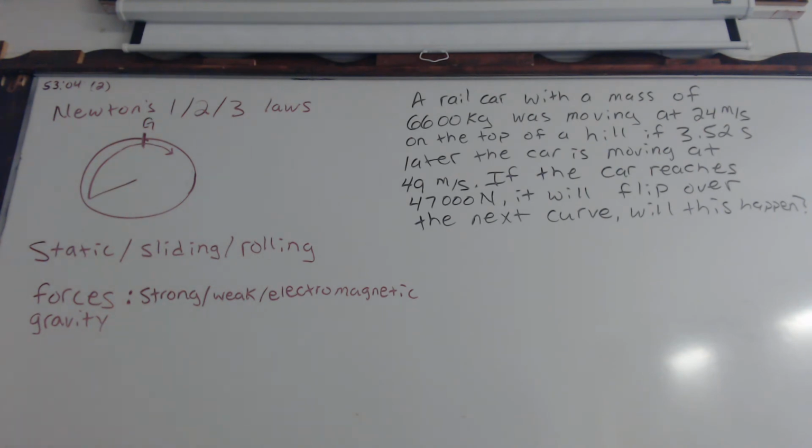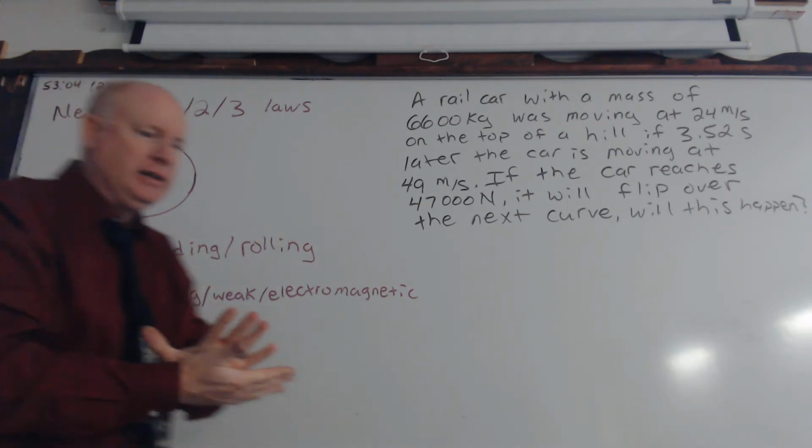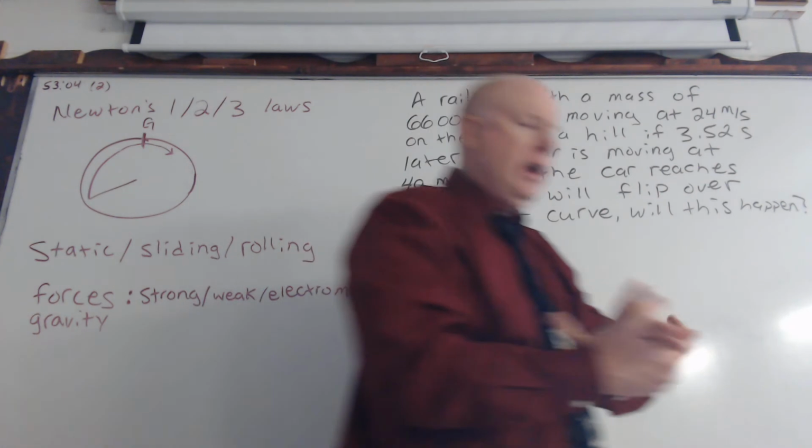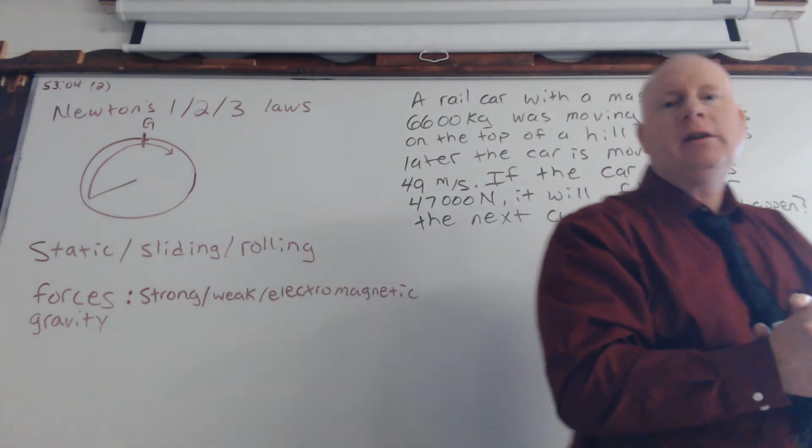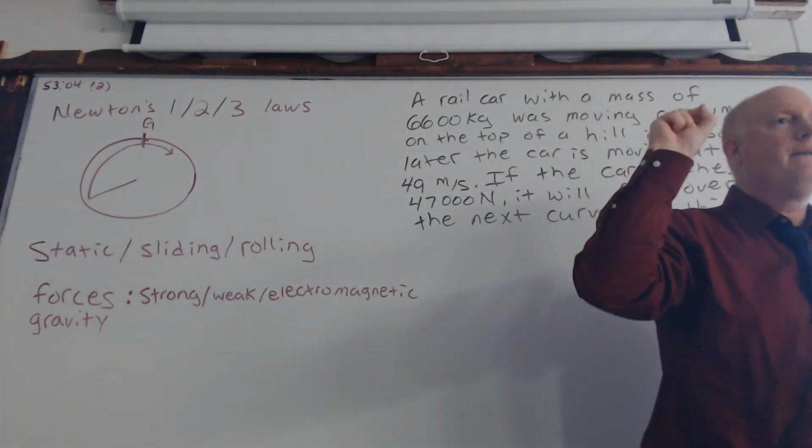We talked about a racetrack as well. What that race car wants to do is go flying right off the track when it goes down a curve. That is inertia. It's causing it to move one direction or another. So any resistance to a change in motion, that is Newton's first law.